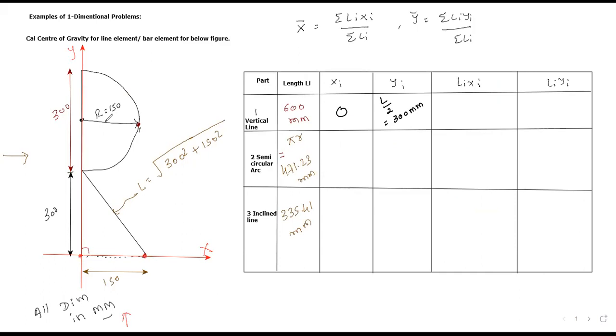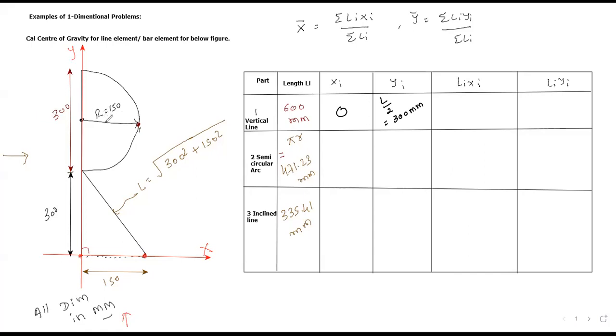Your semicircular arc is symmetrical about the x-axis. We will get the center of gravity in the x direction from the equation, but in the y direction from location.